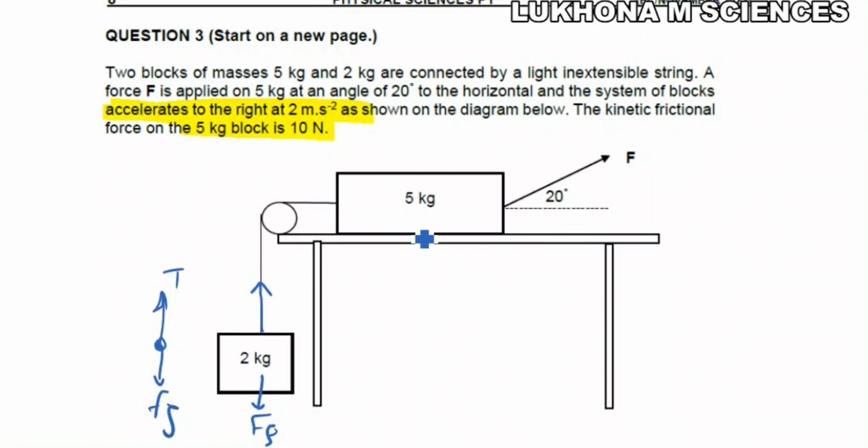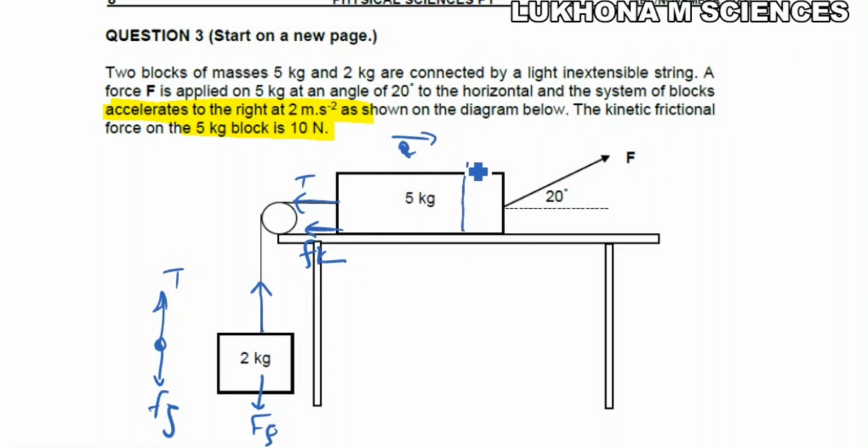Then the 5 kg block also has a tension pulling this way, that is the tension. Then there is a friction, opposing the motion because it accelerates to the right, therefore friction is opposing the motion, so it's Fk.